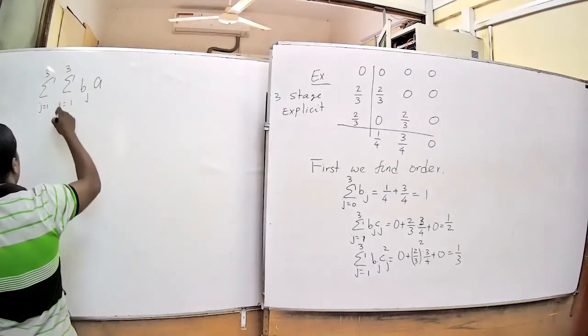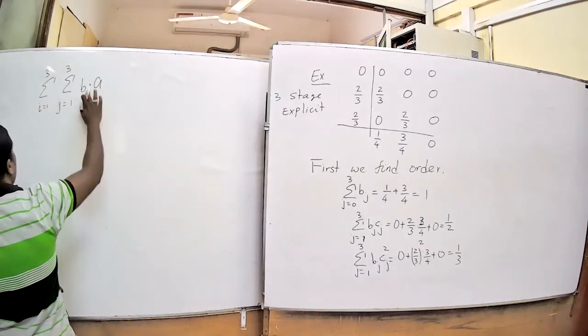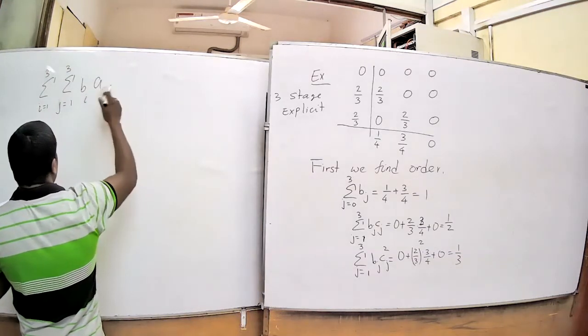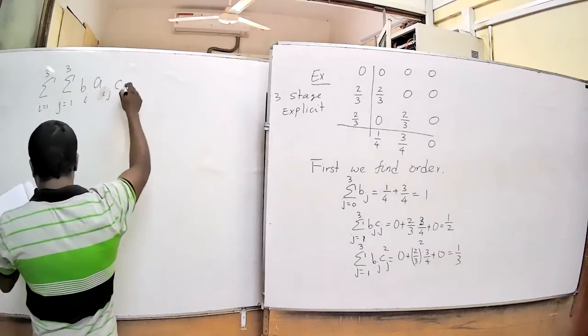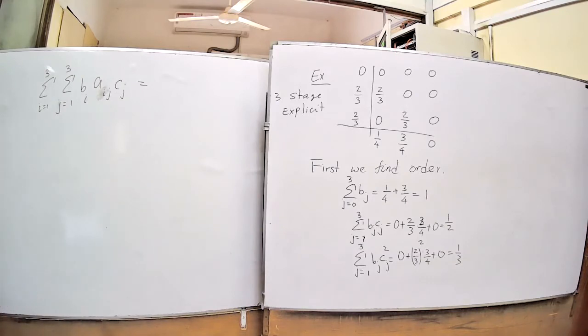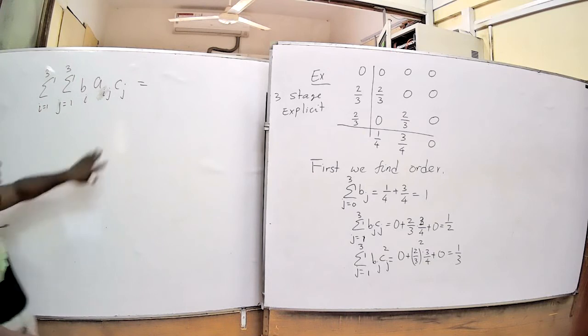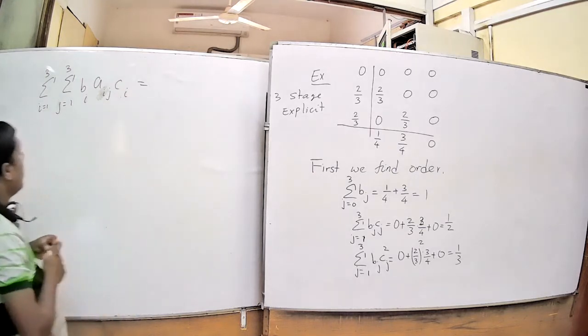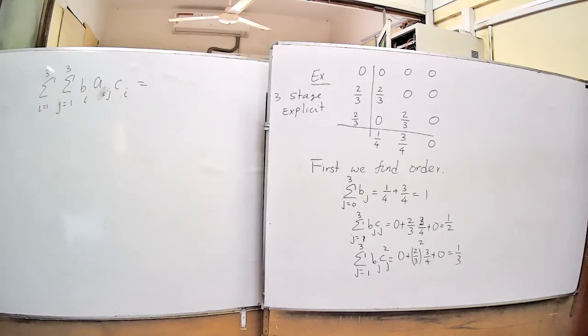Sorry, J. So next you have to find this, right? So the summation of i running from 1 to 3, Bi, Aij, Cj.